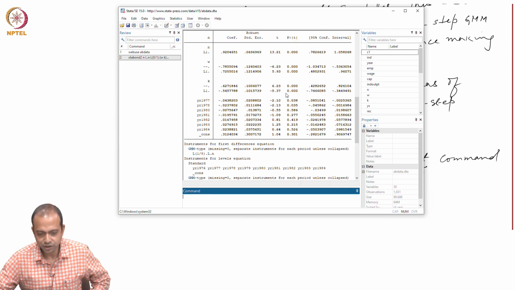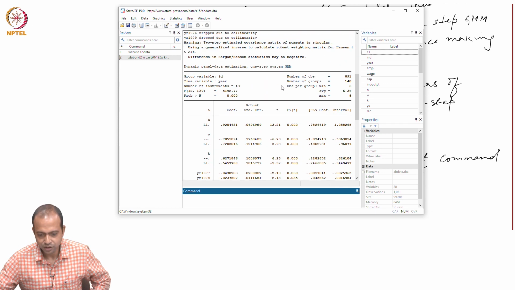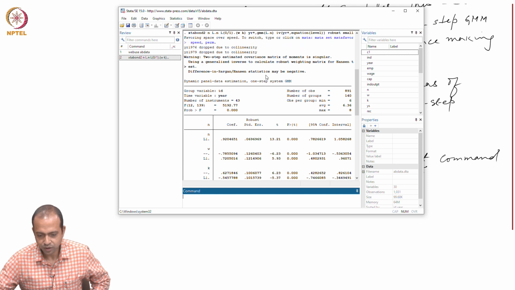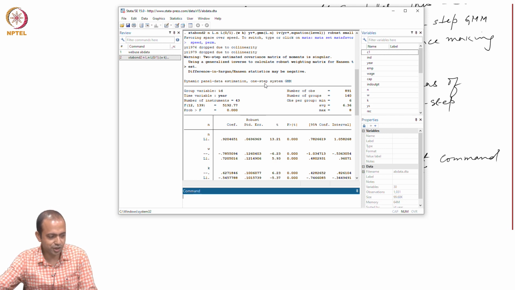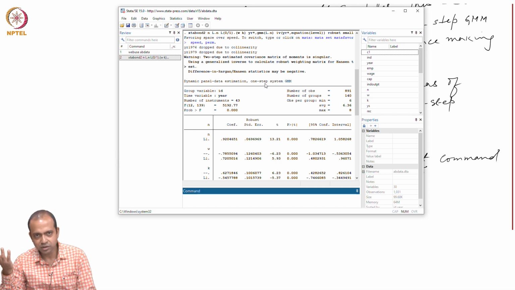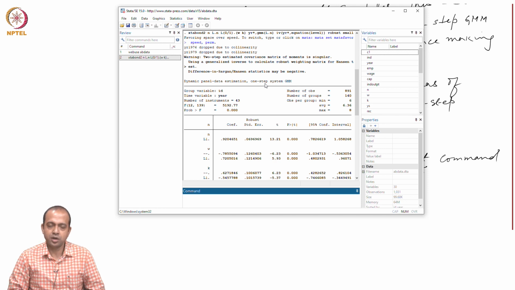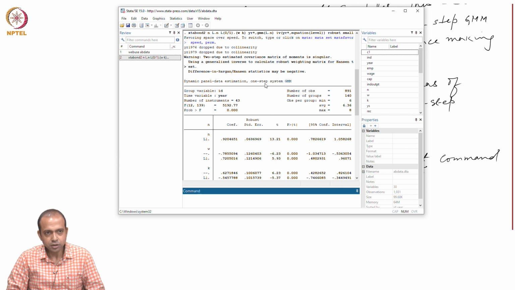This is basically one step system GMM, right, because we have given equation level also. The moment we include equation level, that means both the difference as well as level equation are considered, right.